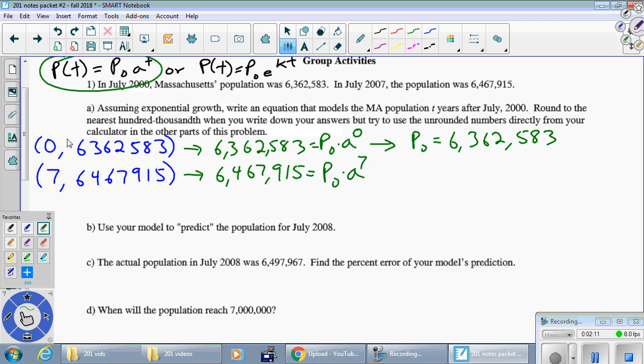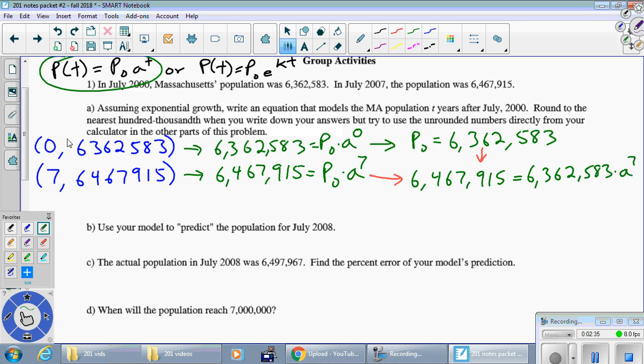So that means that we can take, let's do this here in a different color, we can take this 6,300,000 number and plug it into the other equation. So copying the left-hand side equals, and now P0 becomes the 6,300,000 number times A to the 7.